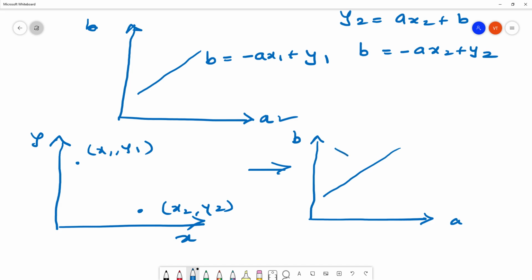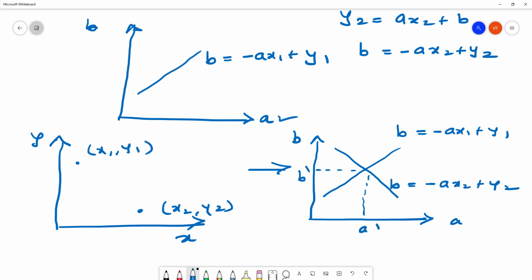So I'll get two lines here, one for x1, y1 and another for x2, y2. This will be b equal to minus ax1 plus y1, and this will be b equal to minus ax2 plus y2. This is the b axis, this is the a axis.